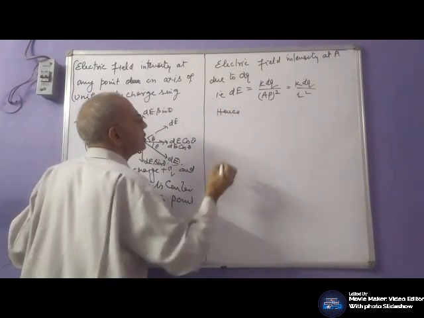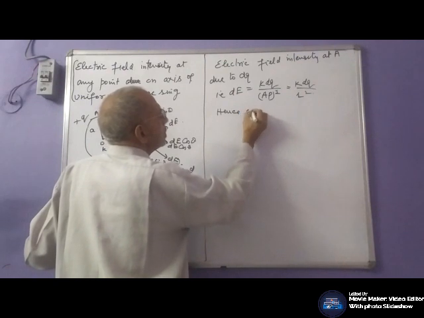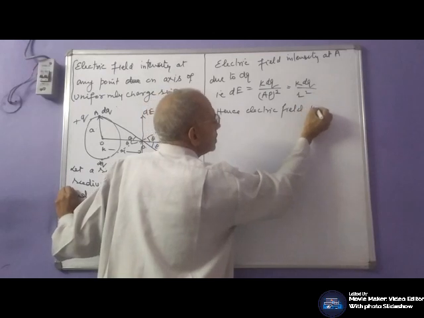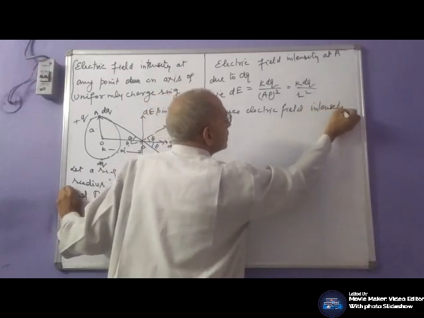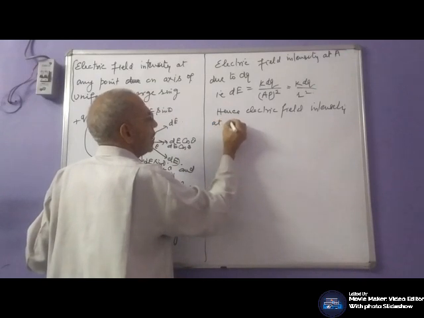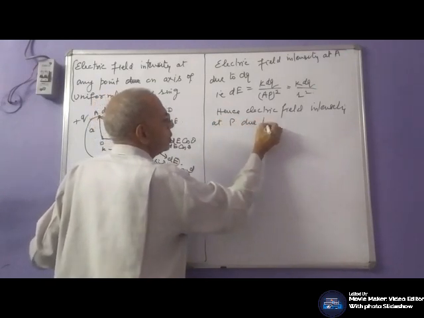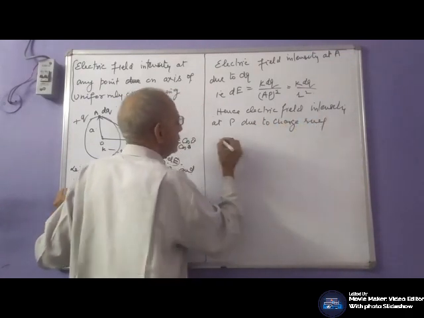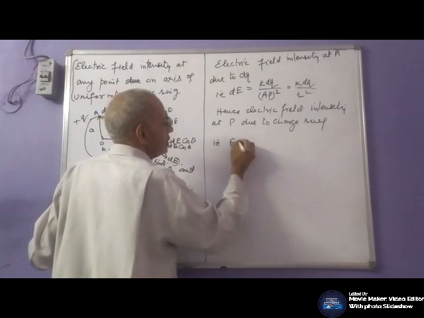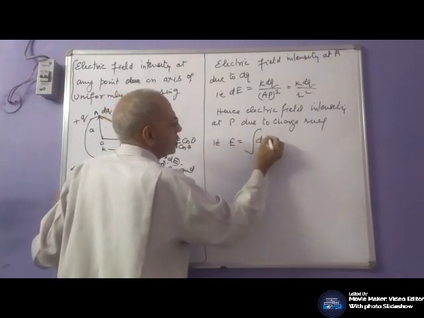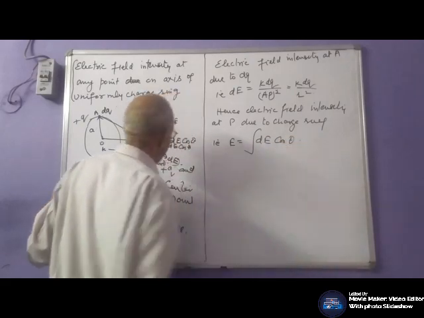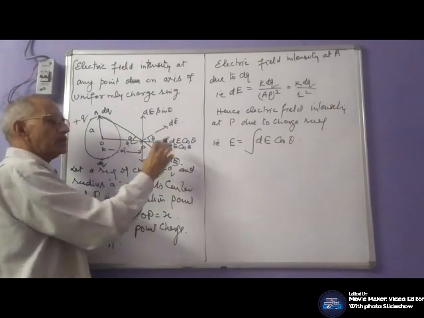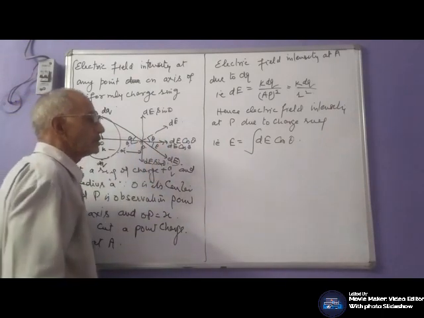Hence the electric field intensity at P due to the charged ring is the integration of dE cos theta. Due to one point charge dE cos theta, due to the other point charge dE cos theta, the total will be the integration of this.